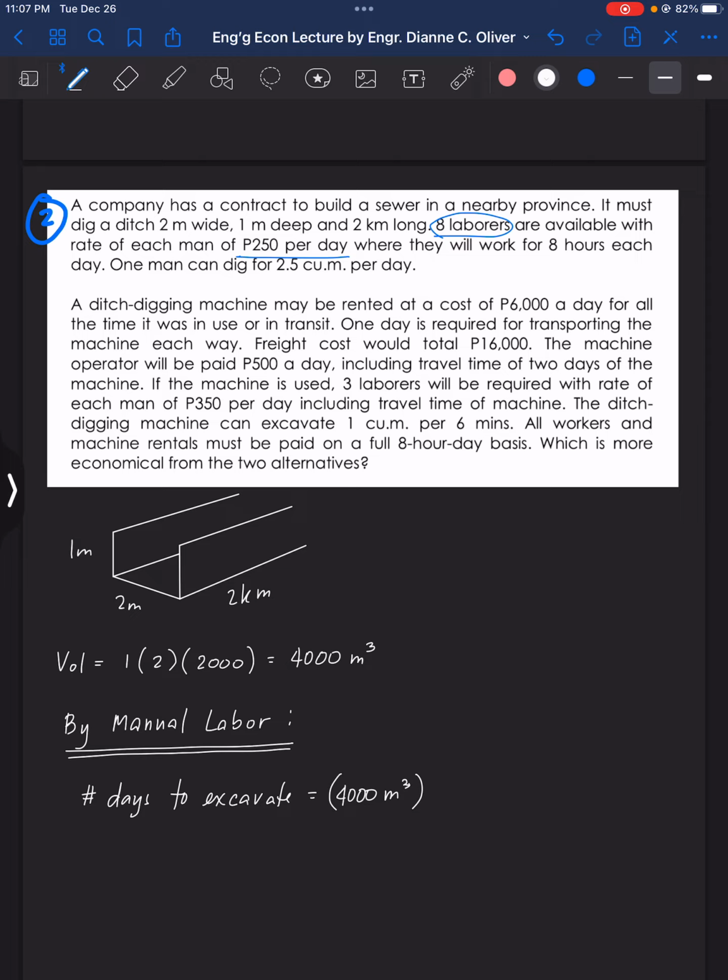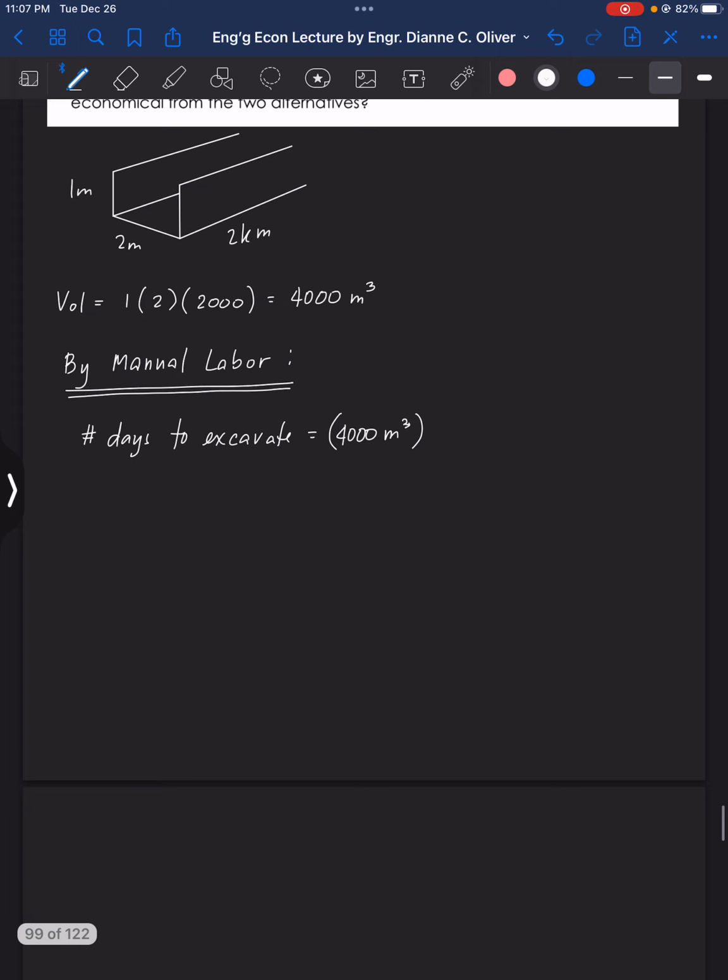So it says here that the capacity of the men is 2.5 cubic meters per day, multiplied with 8 men. And then I think that was wrong.